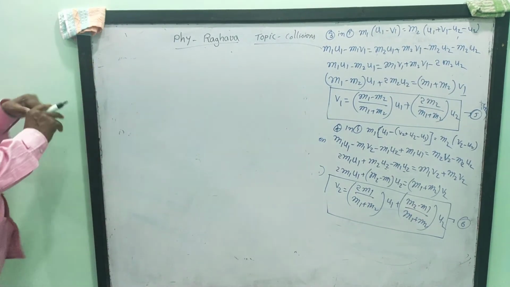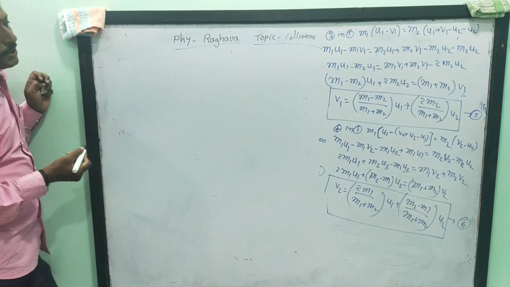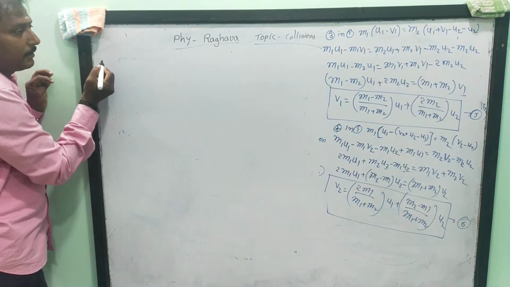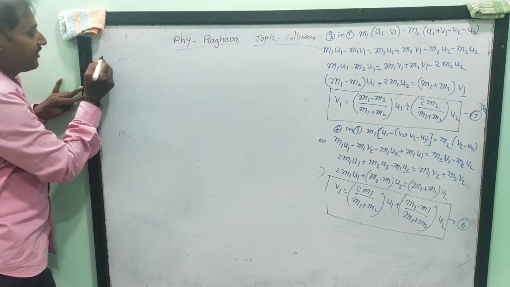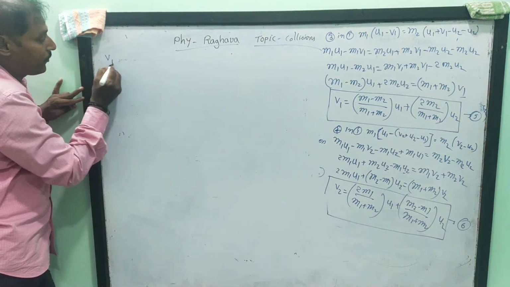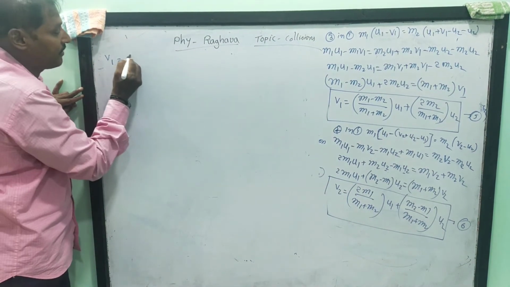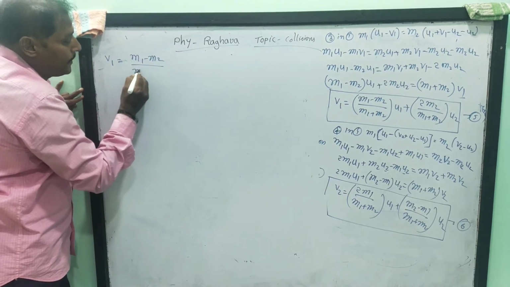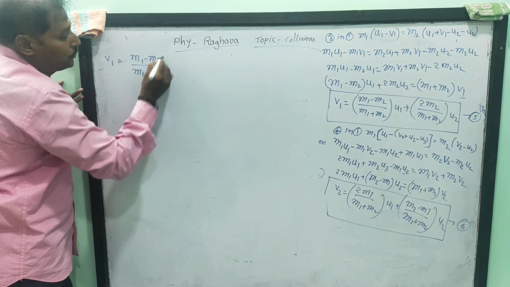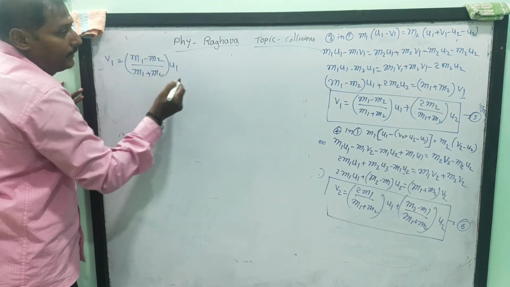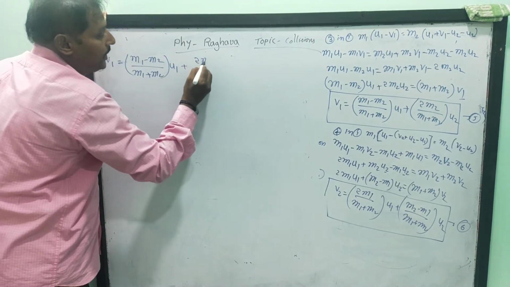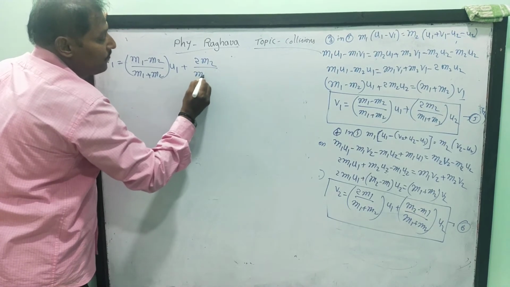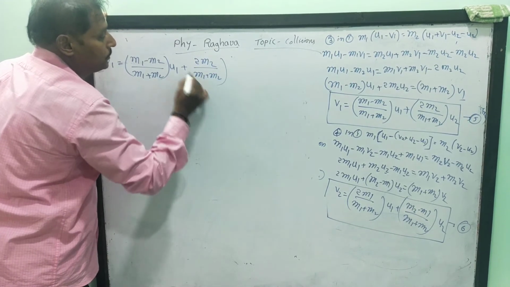Finally, in case of one-dimensional elastic collision, the final expressions are: the velocity of the first body after collision is v1 is equal to (m1 minus m2) by (m1 plus m2) into u1 plus 2m2 divided by (m1 plus m2) into u2.